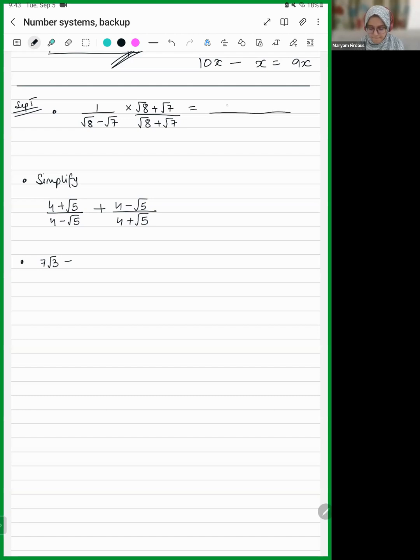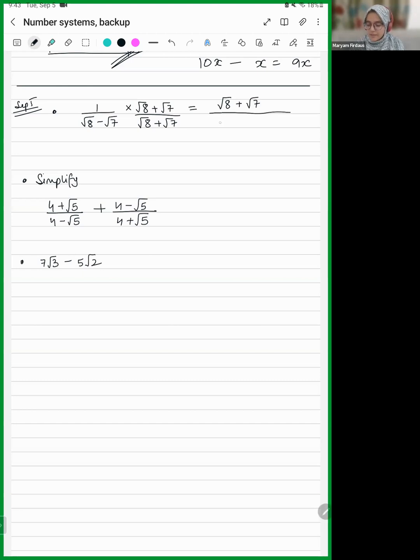Ma'am, there will be 1 multiplied by root 7 plus root 5. I mean, root 7 and root 5? We're not talking about 7 and 5. We're talking about 8 and 7. Which question are you on? Root 8 plus root 5. Root 8 plus? Root 7. Root 7. And then the denominator? 1 multiplied by root 8.